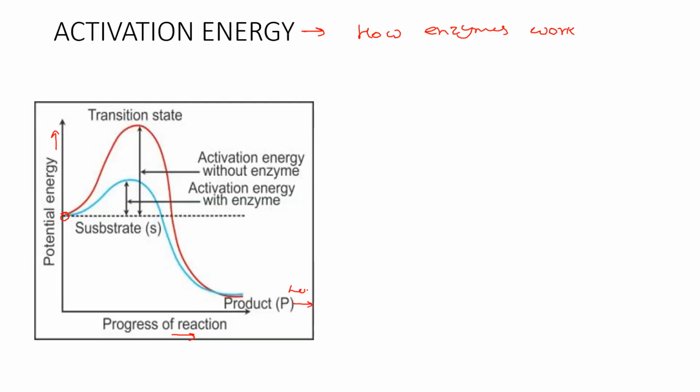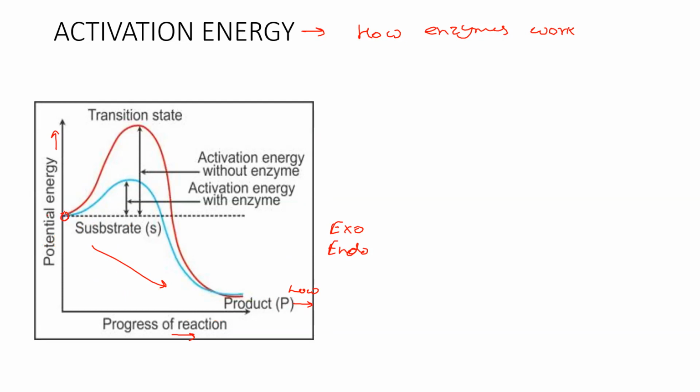The product energy level is lower than the substrate, but the substrate will not directly change into the product, whether it is exothermic or endothermic. The substrate needs to go to a slightly higher energy state to convert into the product.